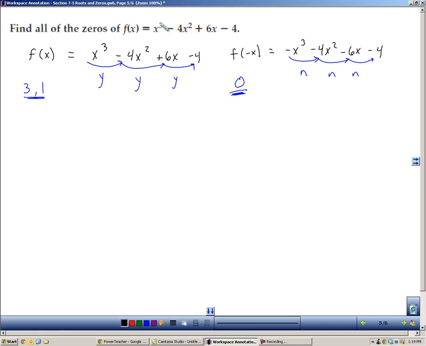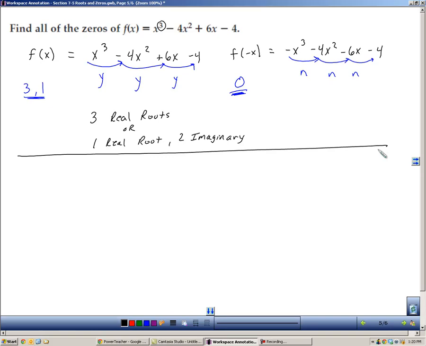So because we know the degree of the polynomial is 3, we are either going to have 3 real roots, or we'll have 1 real root and 2 imaginary. So this is what we're looking for. We're looking for either 3 real roots or 1 real root with 2 imaginary. That's what the rule of signs tells us by looking at the change of signs.